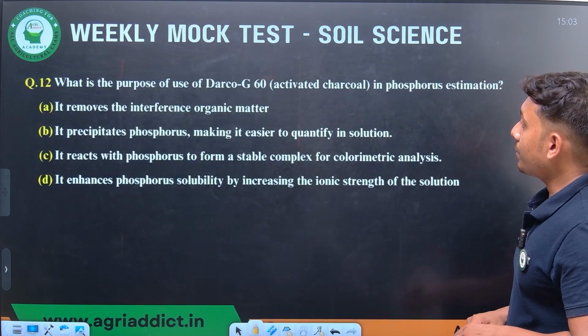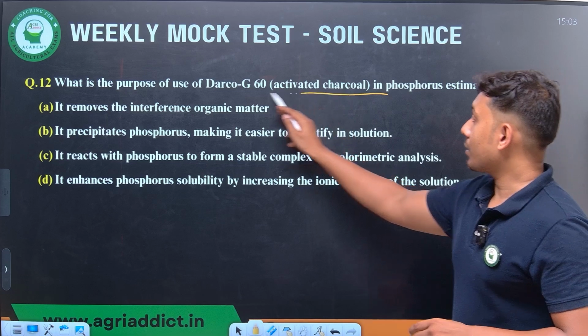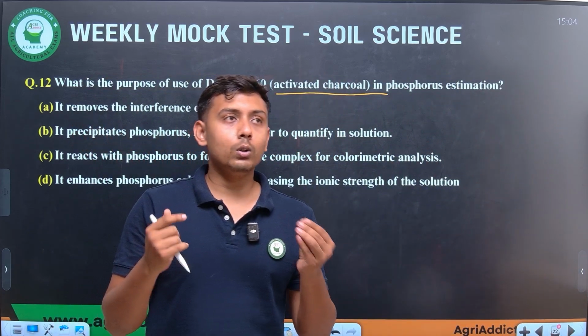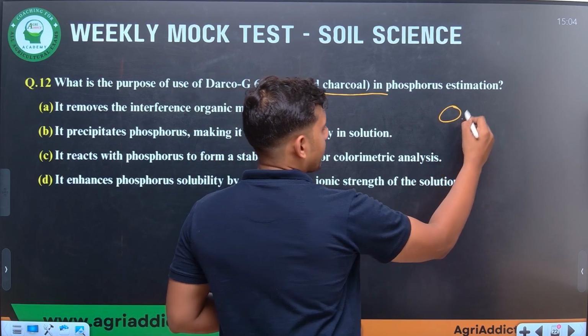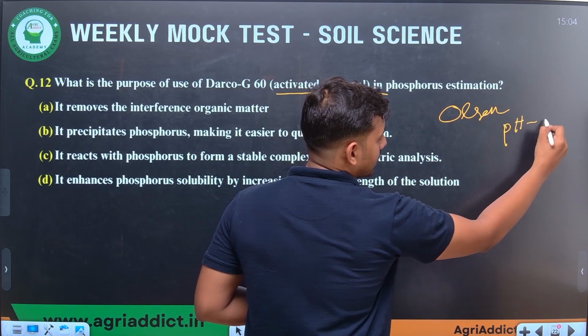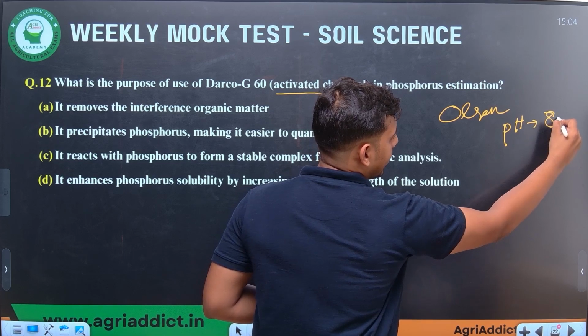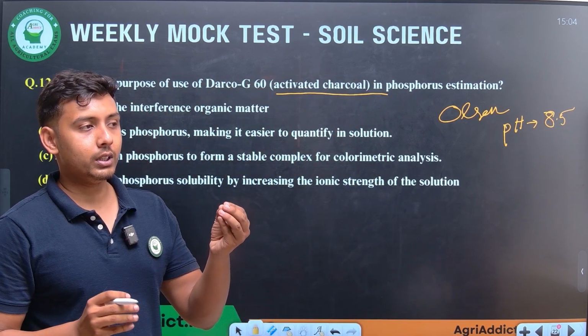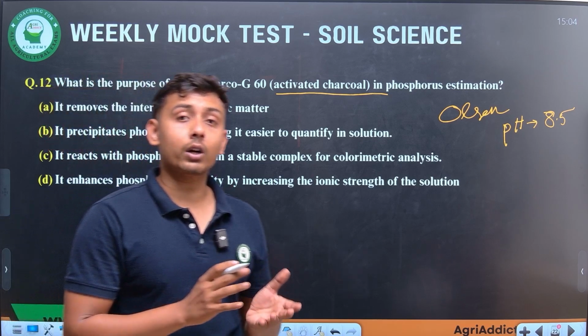What is the purpose of Darco G60 or activated charcoal in the phosphorus determination? In the Olsen method, what is the pH of the Olsen extraction method? It is 8.5 pH. In 8.5 pH, the high pH dissolves the organic matter.